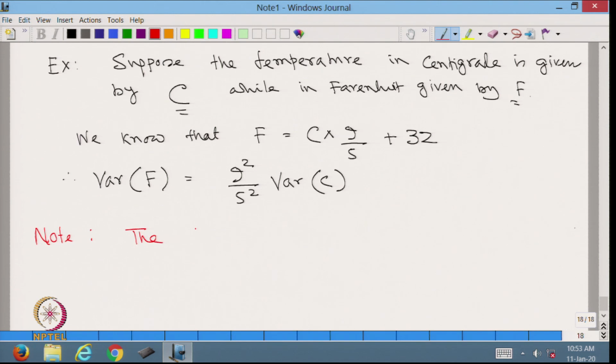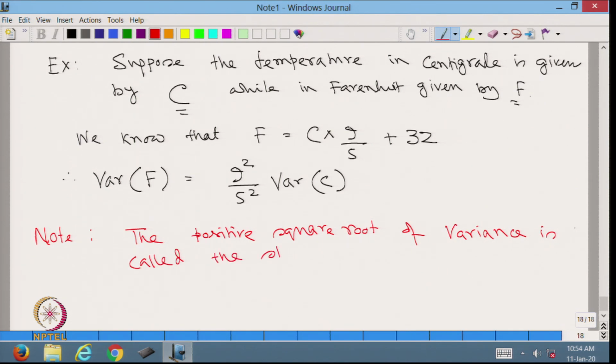The positive square root of variance is called the standard deviation of the random variable.